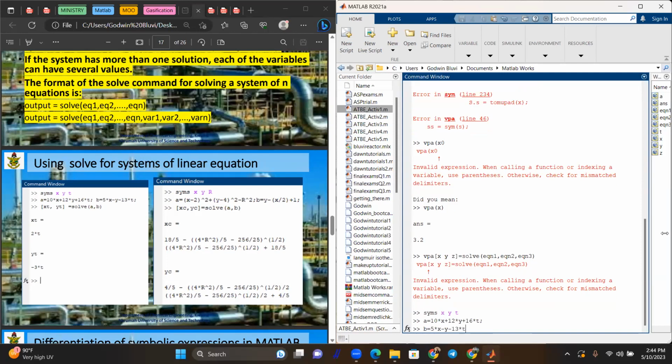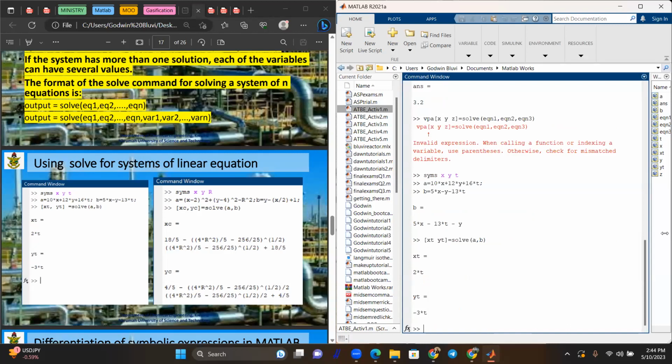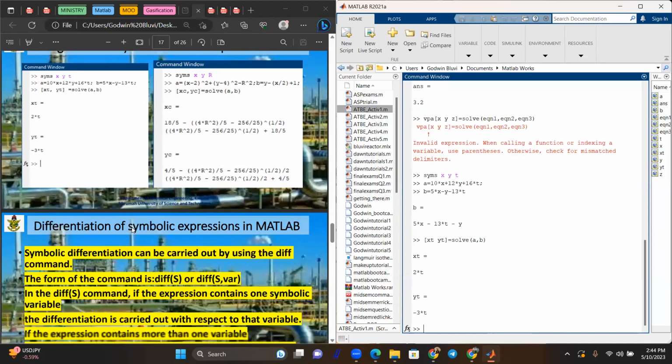And then it says solve for XT, YT. So that's equal to solve open bracket A, comma B. So that's one thing about symbolic math: you can just use it to solve systems of linear equations.